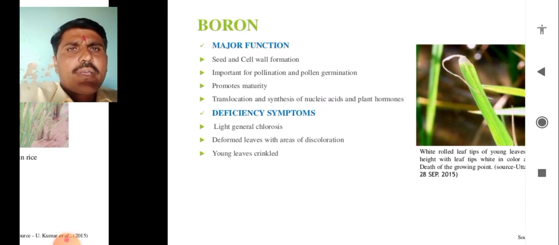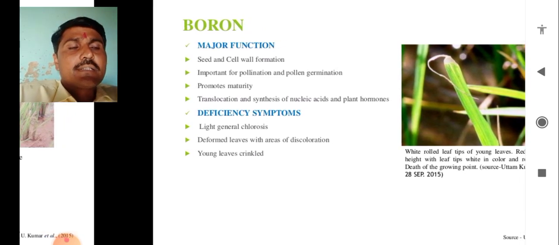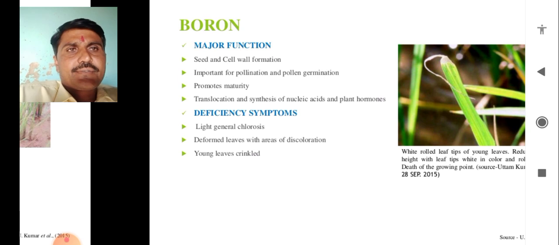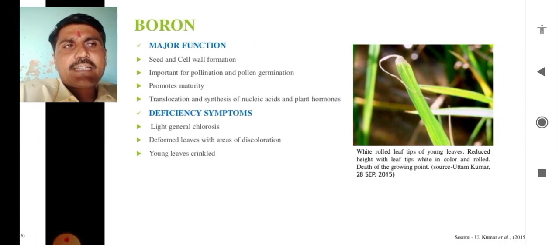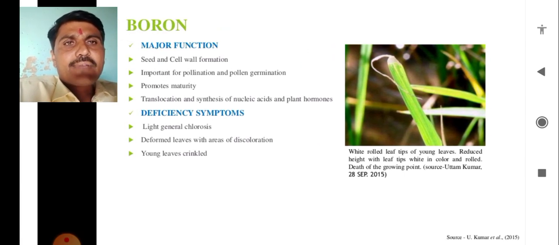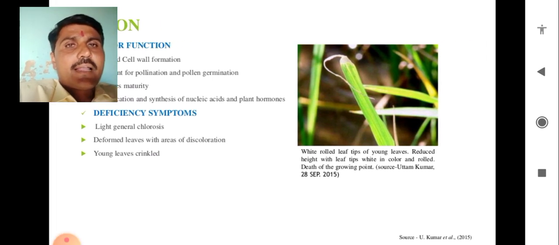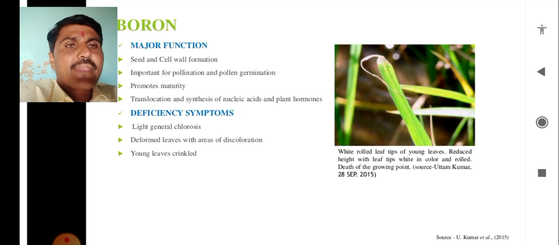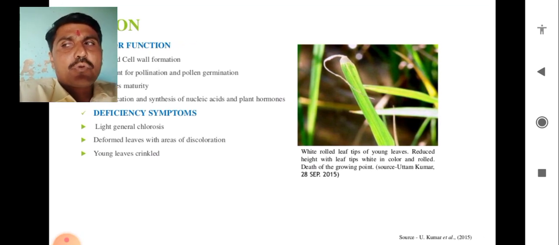While talking about boron, we see the major functions of boron: cell wall formation, and it plays an important role in pollination and pollen germination, which promotes maturity as well as the translocation of solutes or the transport of sap, and synthesis of nucleic acids and plant hormones.